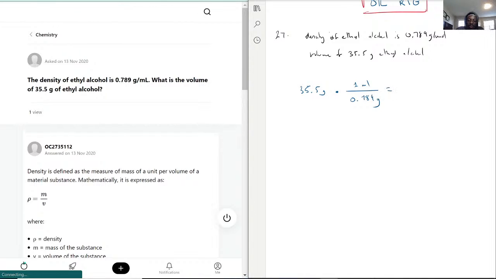So to find the volume is going to be 35.5 divided by 0.789. That is going to be 44.99. If we round to the nearest significant digit, because there are 3 sig figs, it's going to be 45.0 mL of ethyl alcohol. That's how you solve it.